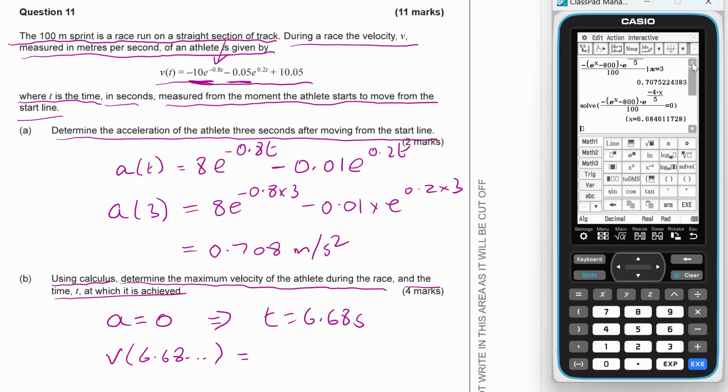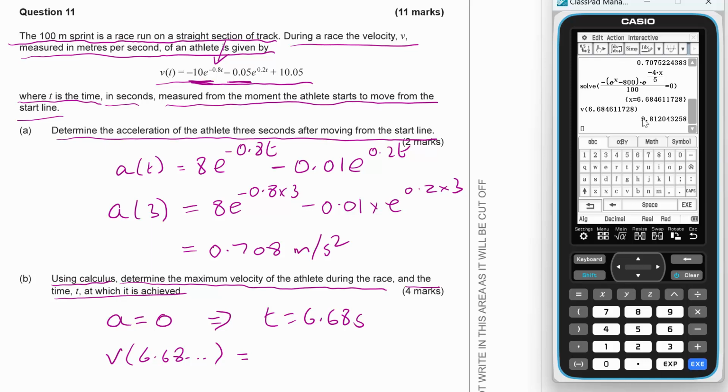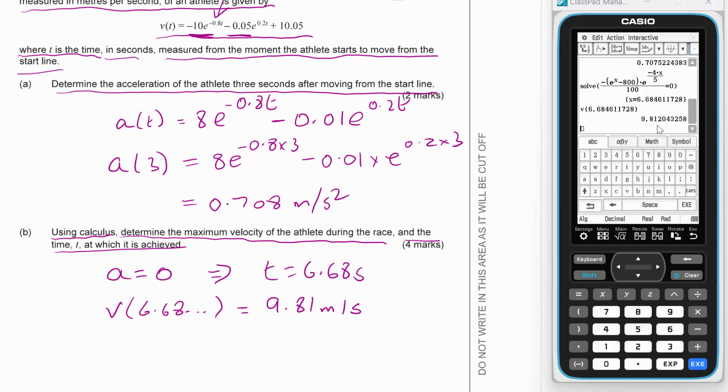So our expression for v we already programmed in, so we can go here and just do v of that last answer, and it will calculate it for us. So 9.81 meters per second.